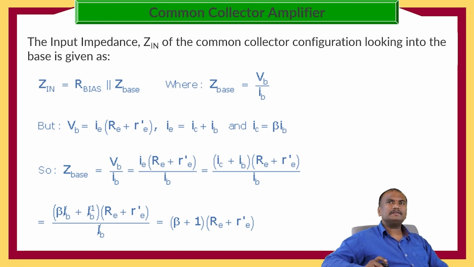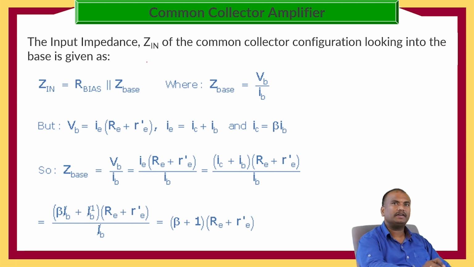The input impedance of the common collector configuration looking into the base is given as Z input is equal to R bias in parallel with Z base, where Z base is equal to VB by IB, but VB is equal to IE into RE plus re dash, where IE is equal to IC plus IB and IC is equal to beta into IB.